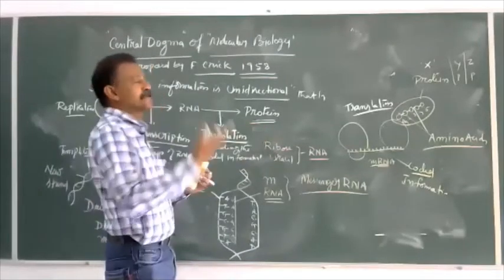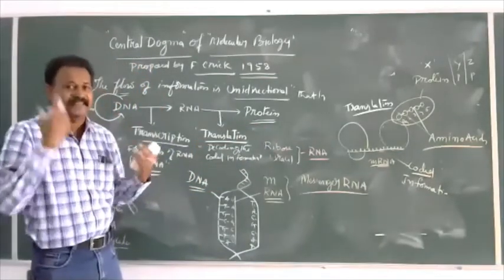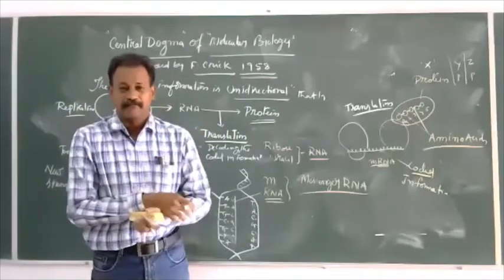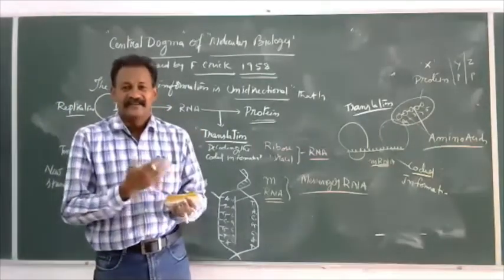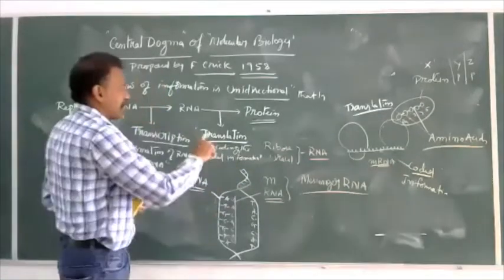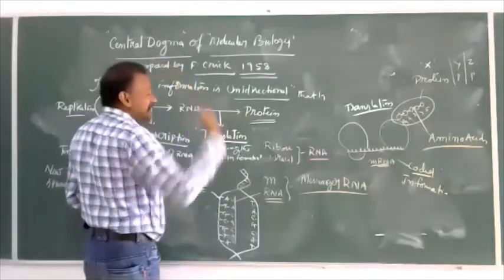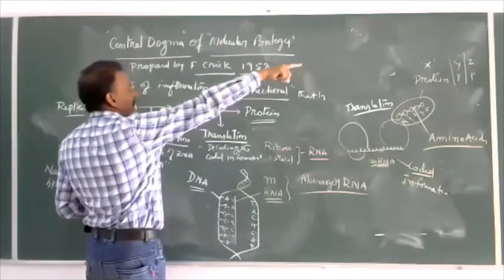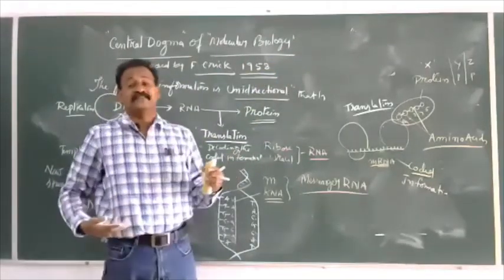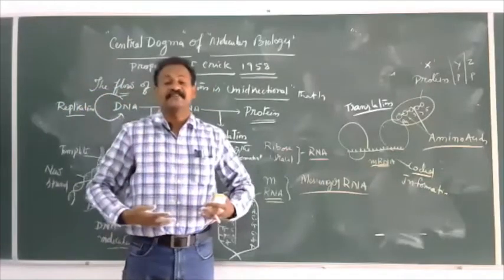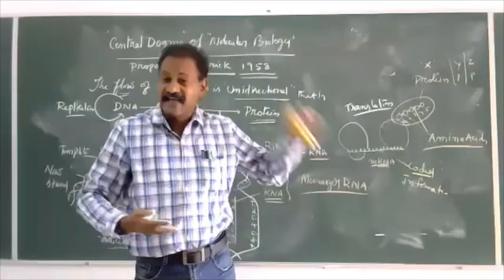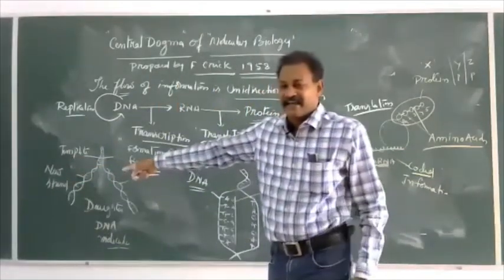And so many proteins make up one cell. So many cells form tissues, tissues form organs, organs form organ systems, and organ systems form the organism. So the ultimate body characteristic features, their expression and functioning, are determined by the DNA.